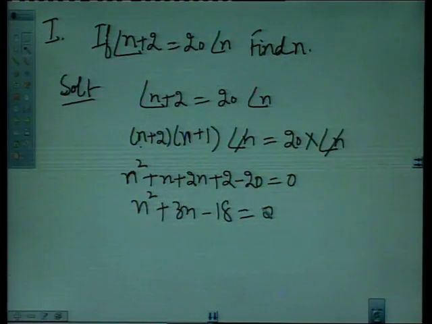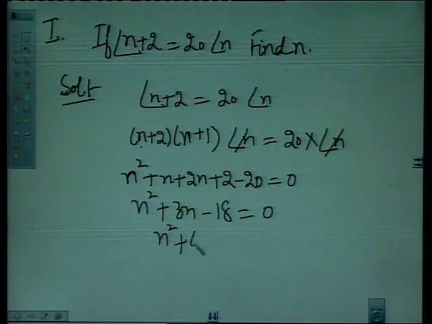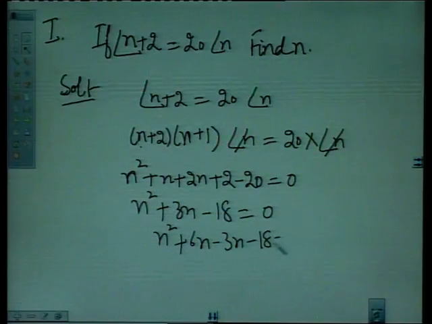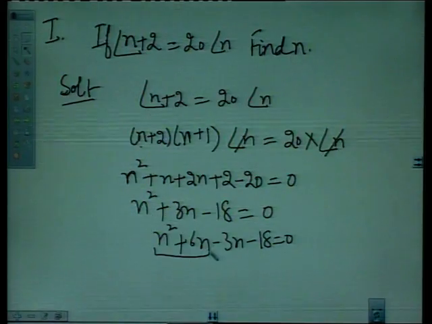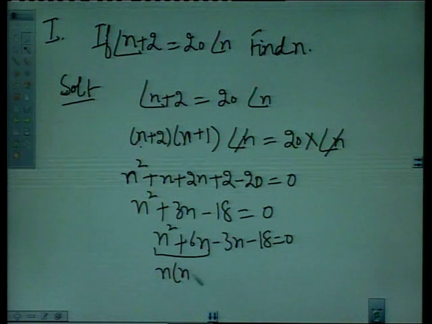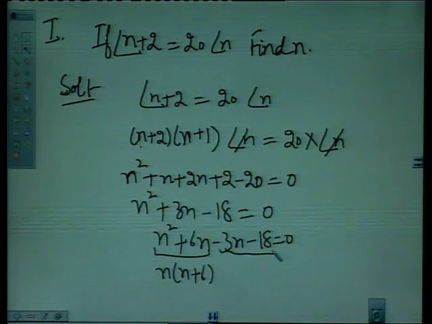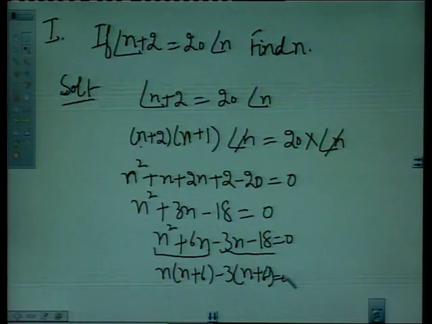What do we have to do? We have to make its factors. We can write this as n square plus 6n minus 3n minus 18 equal to 0. Now, from the first two terms we can take n common, inside we get n plus 6, and out of these two terms we take minus 3 outside, and inside we get n plus 6, equal to 0.